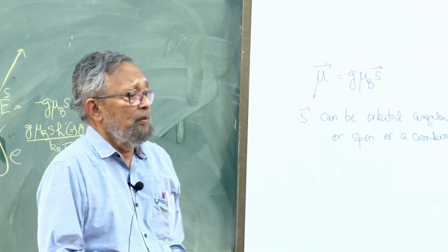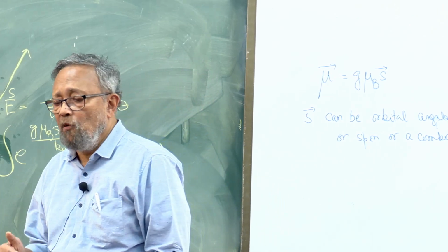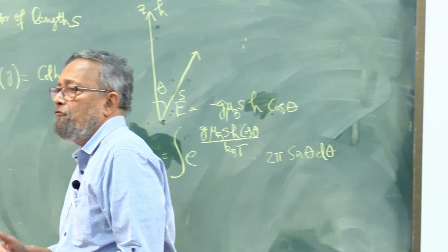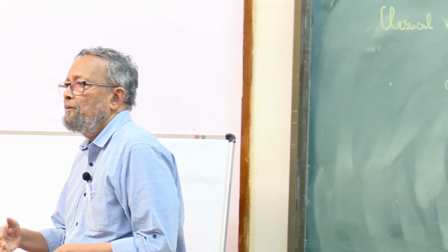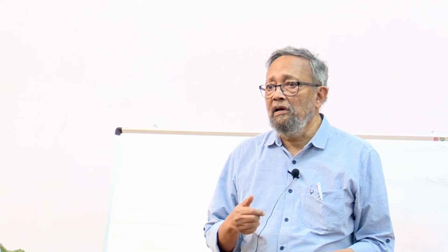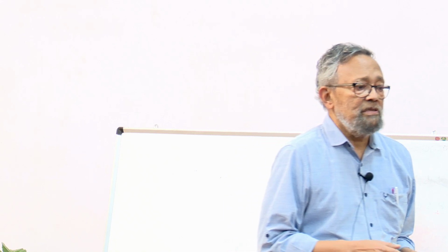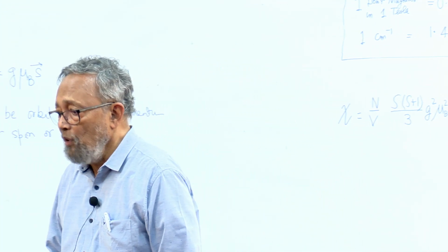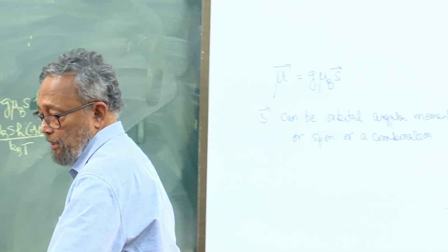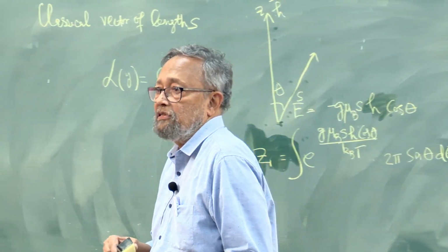So again, the state where the magnetic moment is parallel to the field will still have lower energy. So there will be more occupation, and there will be a magnetization as long as there is an external field. But you'll see that the dependence of that magnetization on temperature and so on will be very different from what we got for this calculation, because now we are looking at a system of electrons that are not localized, they are mobile, and as a result, one has to worry about filling of the Fermi surface and things like that.